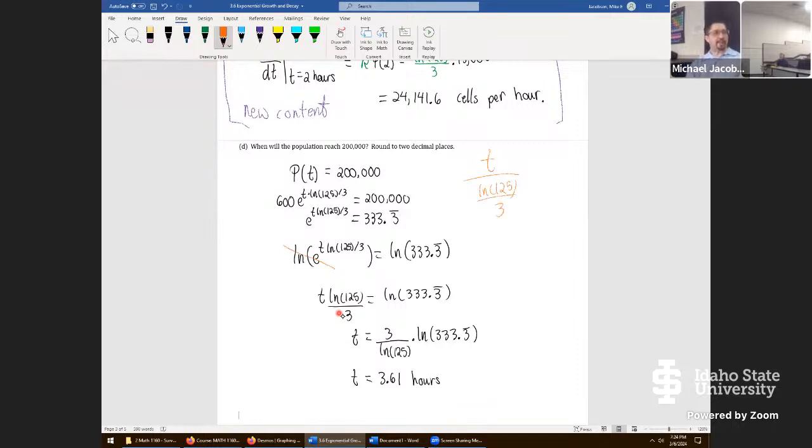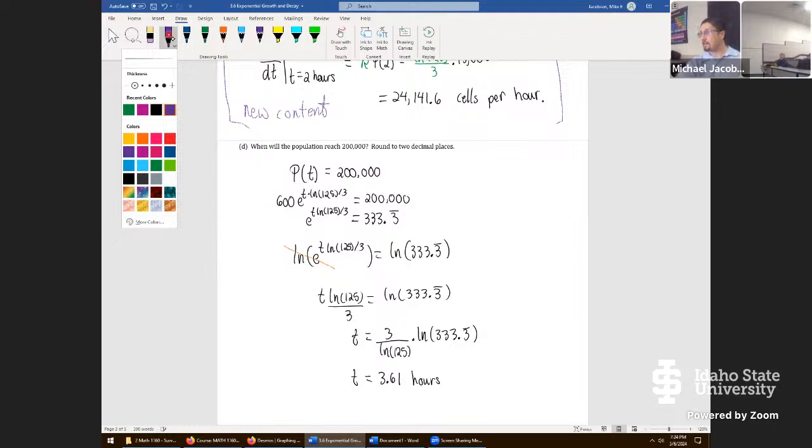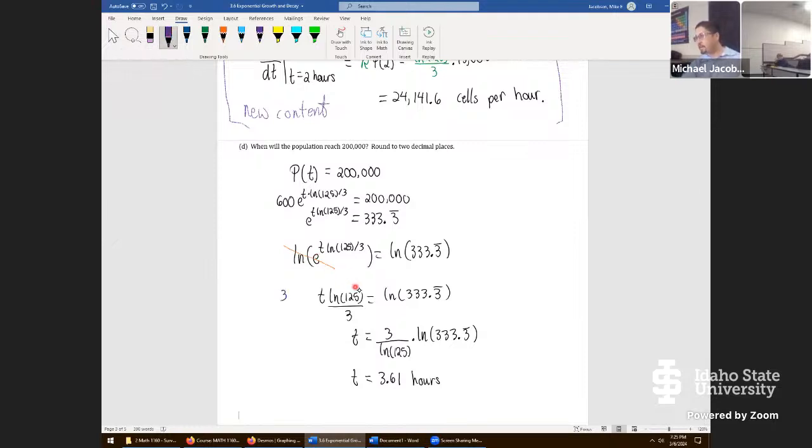But if you wrote it this way, you're going to have to write it the same on this side, and that would take an additional step. So instead of writing it this way, we've inverted it, or taken the reciprocal, and went like this. So on this stage, multiplied by 3 over natural log 125. We did the same multiplication on this side, times 3 over natural log 125. It emerged over here.